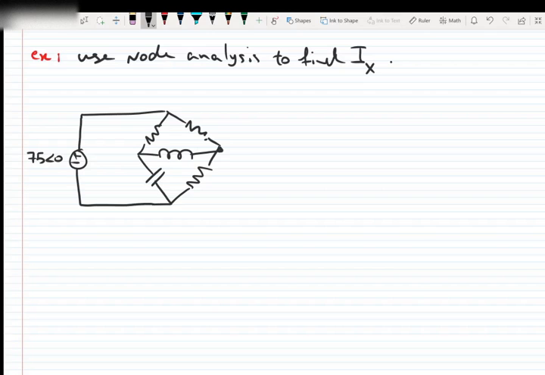The resistor is 50 ohms. The other resistor also is 50 ohms. This resistor is 60 ohms. The capacitor is negative J120 ohms, and the inductor is J200 ohms.